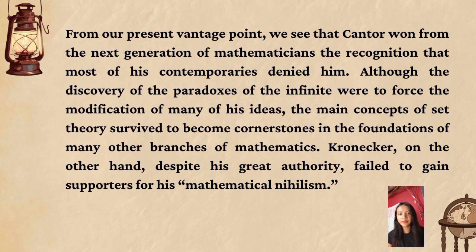This shows the dynamic nature of mathematical progress, where new ideas often face resistance before being embraced by the wider mathematical community. It also emphasizes the lasting impact of Cantor's work on set theory, which revolutionized the foundations of mathematics and continues to be a cornerstone of modern mathematics.